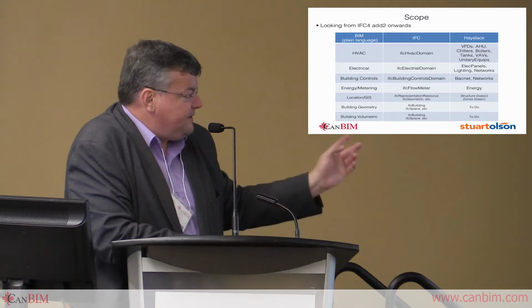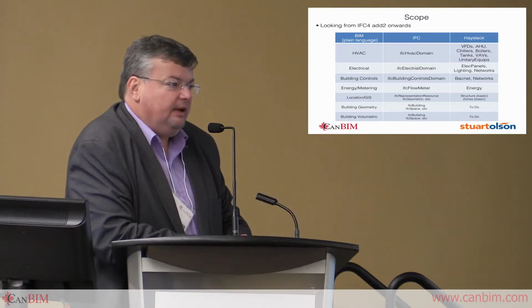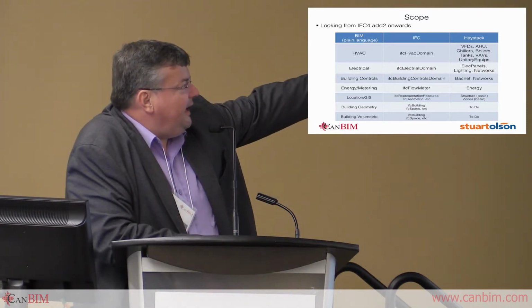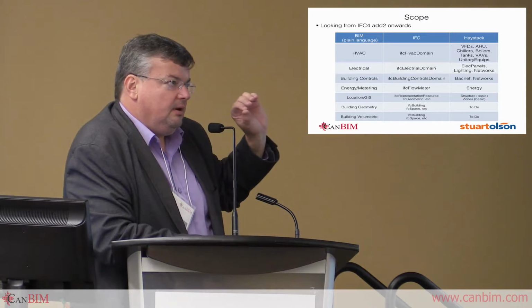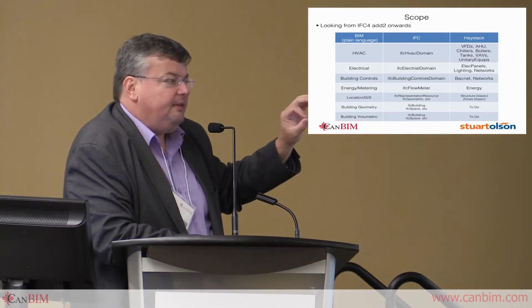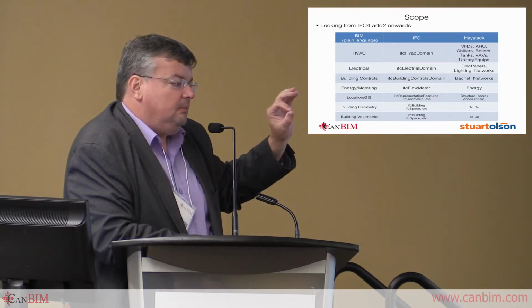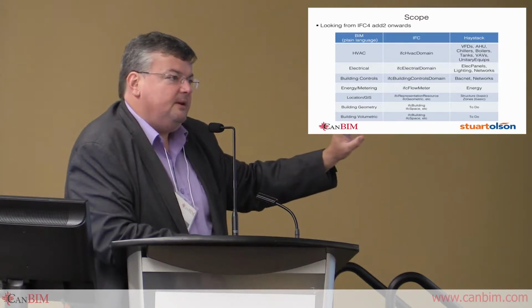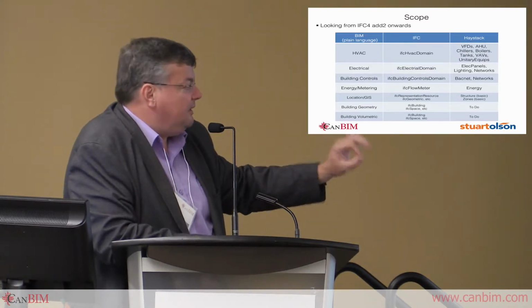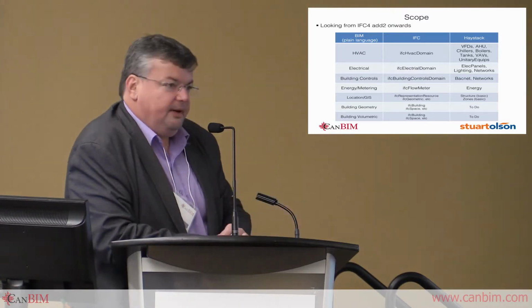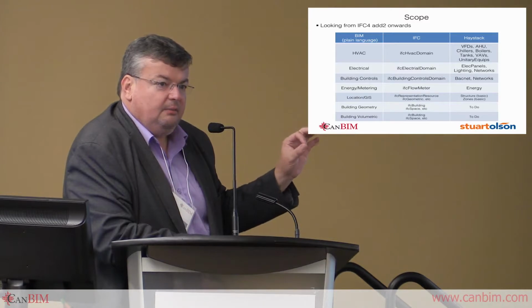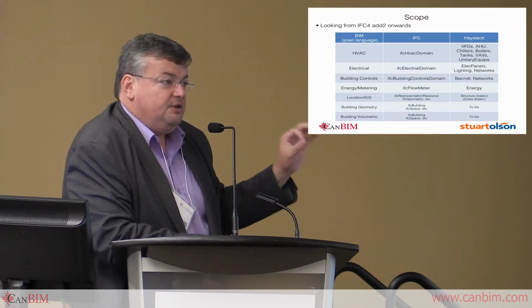The other one too is if we get into energy modeling and BIM and FM. I took the concept, like I said at the top, that IFC 4 add 2 was more to deal with BIM FM, and where the BIM community is evolving towards a BIM FM type of world. Building geometry is a huge topic that will happen as we build models and use BIM data.